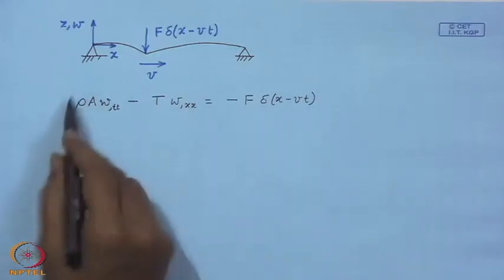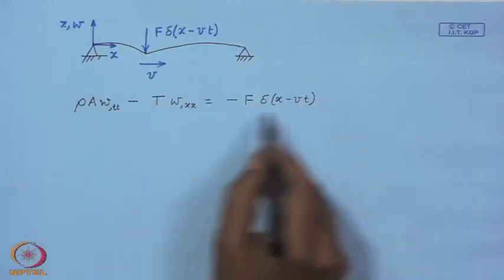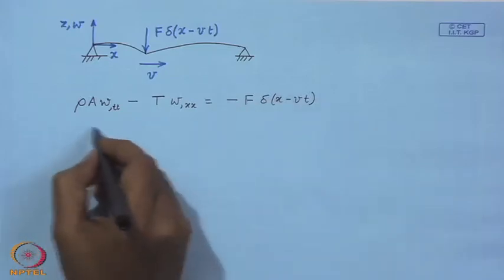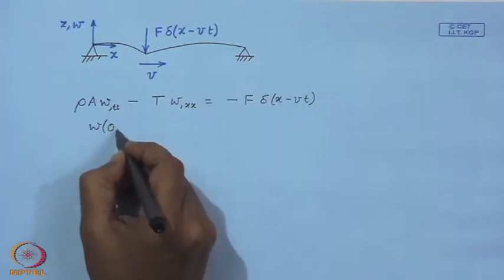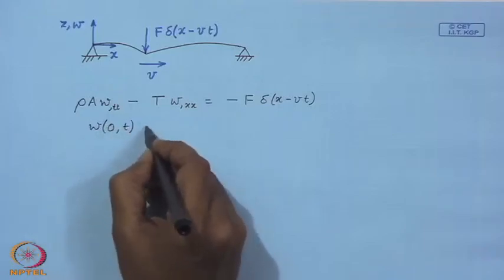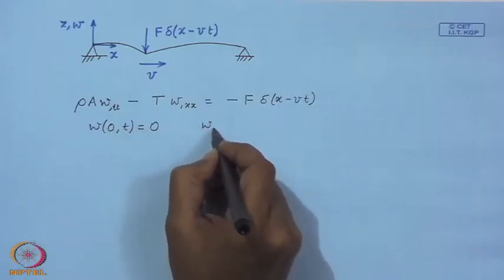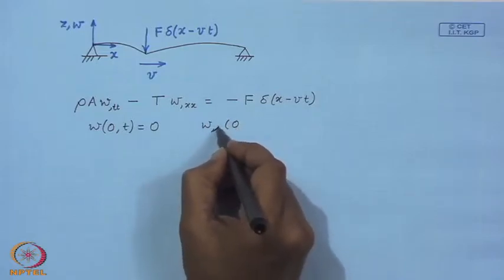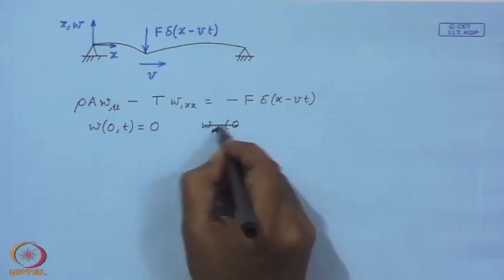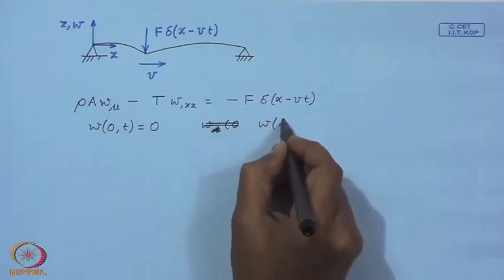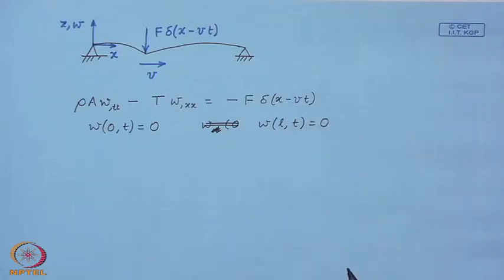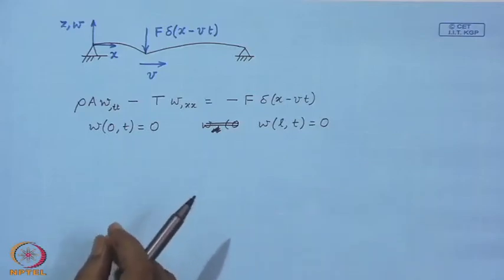So, we have the string equation of motion with this forcing and of course, the boundary conditions, and there can be certain initial conditions.